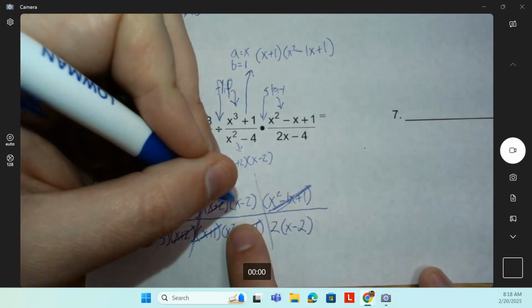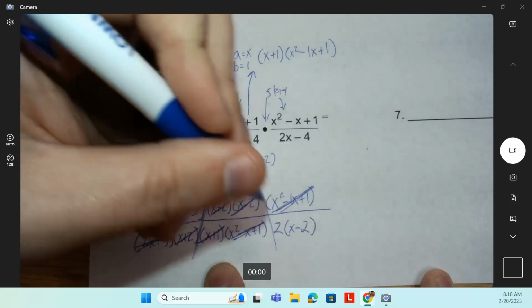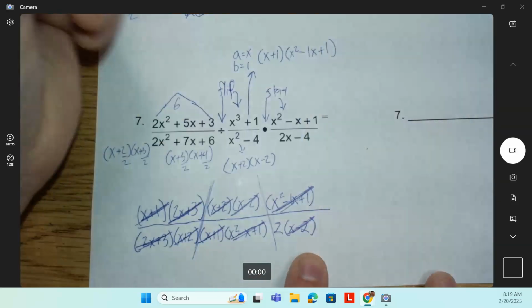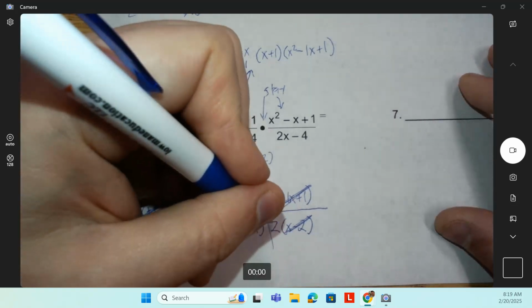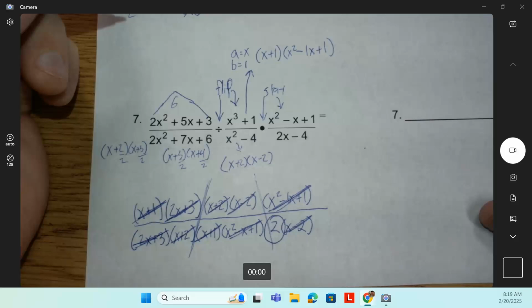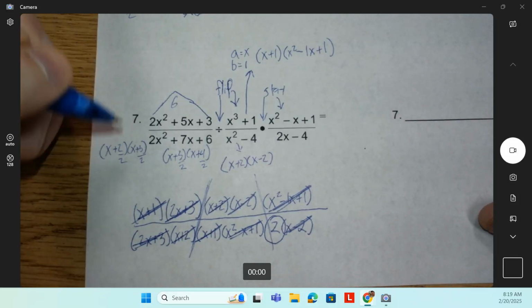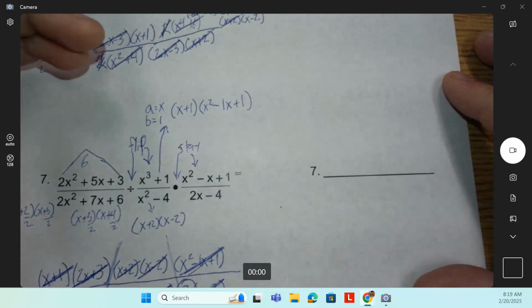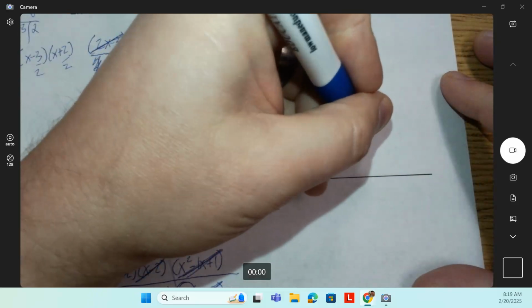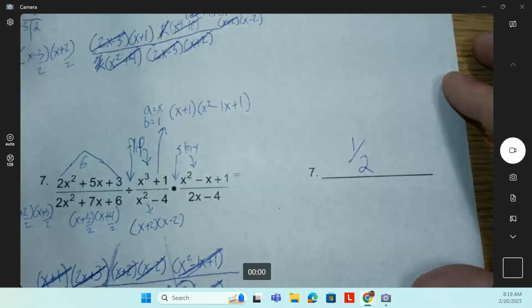Then I've got an x minus 2 here, and x minus 2 here. So what's happened is everything's canceled out. I've got a 2 down on the bottom. So that means I'll put a 1 up there to hold its place. So 7 actually simplifies down to just 1 over 2.